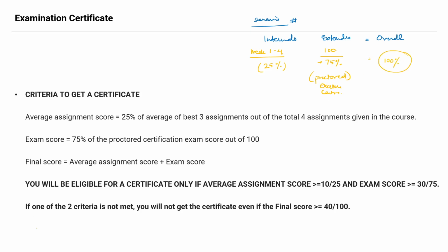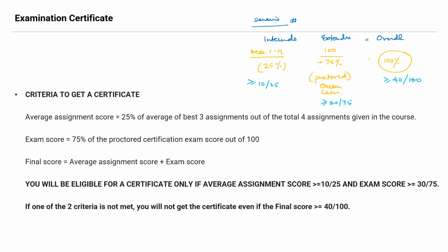Now there is a catch here. Rather, I'll say there are two interesting things happening here. In the internals, you need to score more than 10 out of 25. In the externals, you need to score more than 30 out of 75, which means your overall score needs to be greater than 40 out of 100.